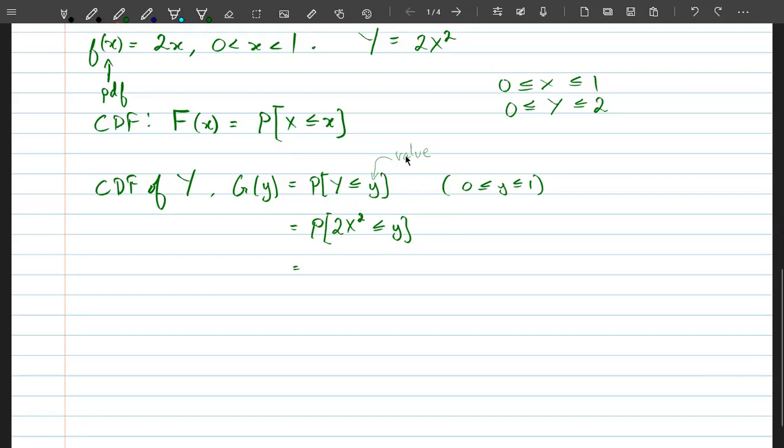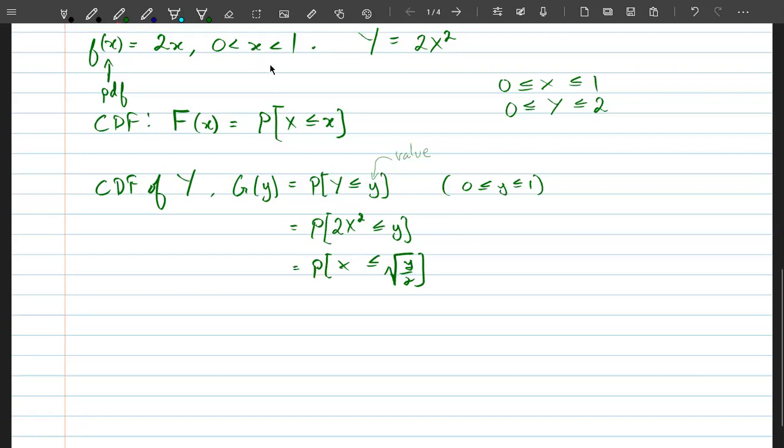So this we assume. And therefore, I can say here that X is less than or equal to the square root of y by 2. Is that right? Normally, I would have to take X between negative square root of y by 2 and positive square root of y by 2.